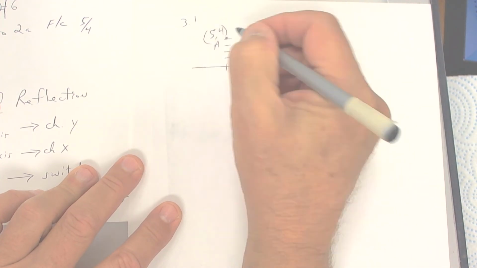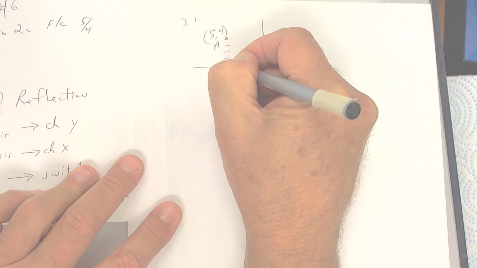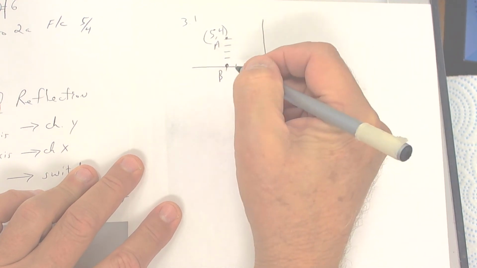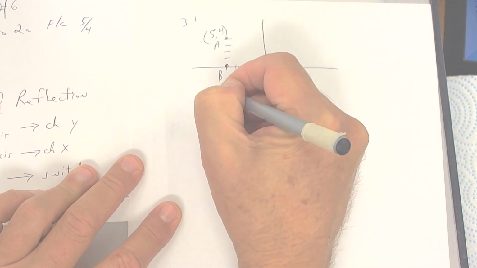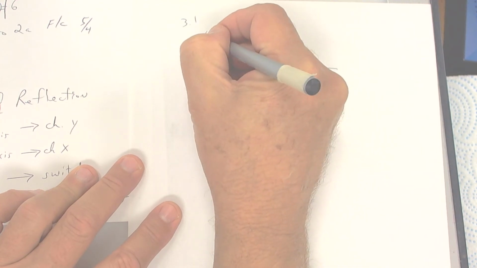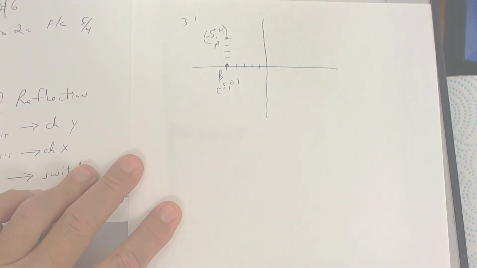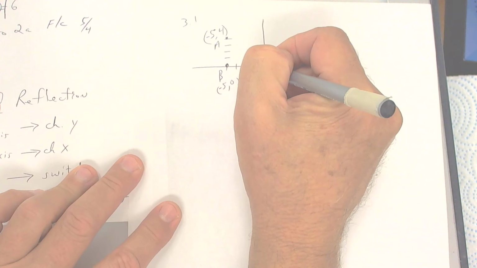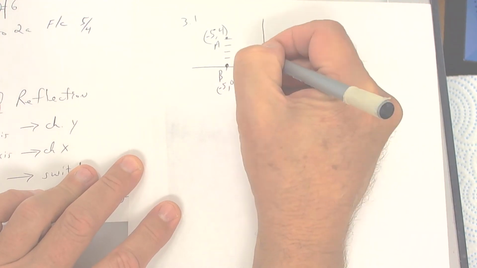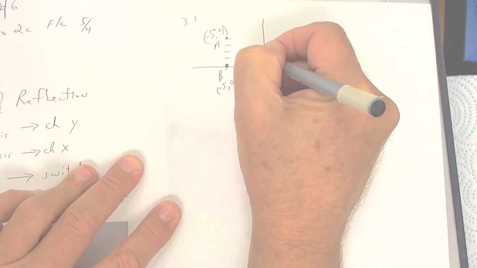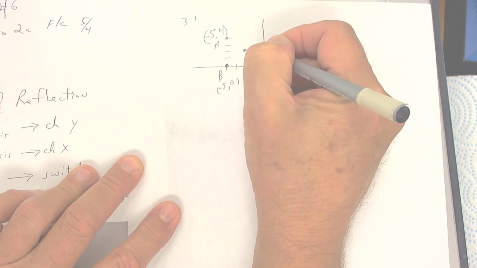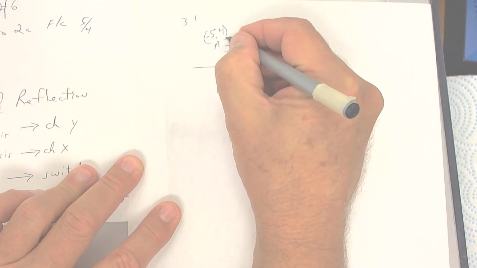That's point A. And then go over 5, up 0. That's point B. And that's actually a negative because you're going to the left. Okay? And then put a point over 3, up 2, and that's a negative also because you're going to the left. Draw your triangle.